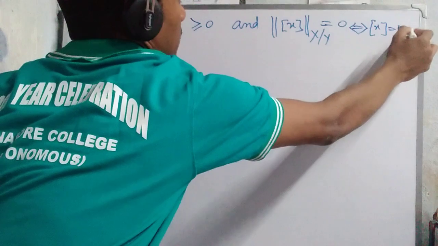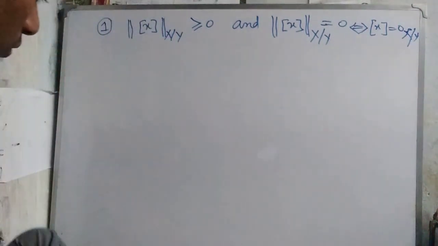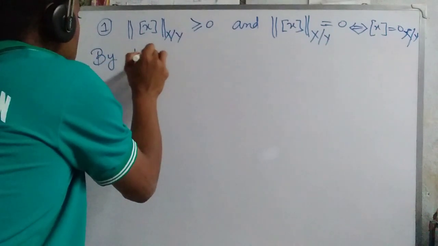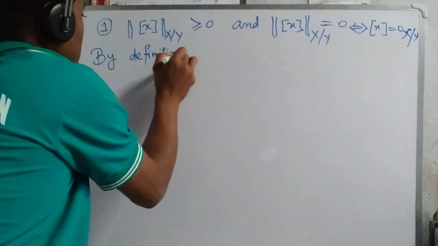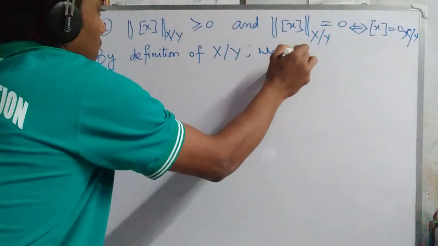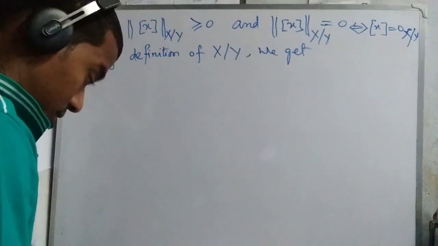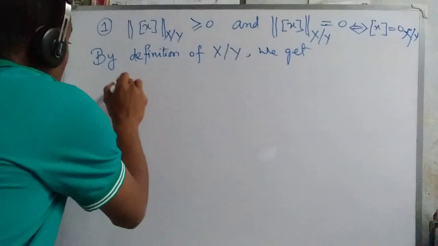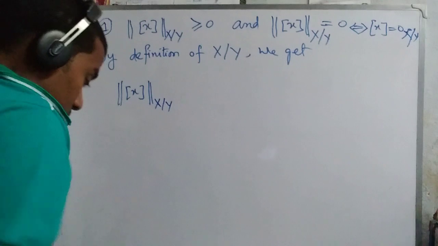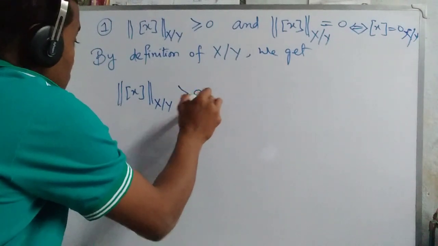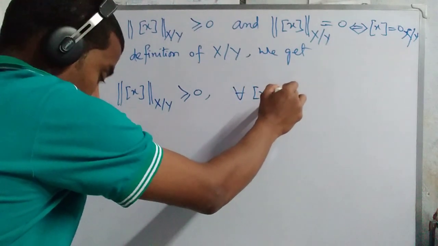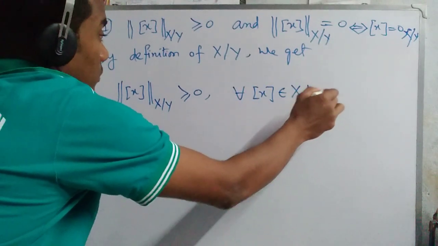Here this 0 is obviously in X quotient Y. By definition of X quotient Y, we get norm of [x] greater than or equal to 0 for all [x] belonging to X quotient Y.